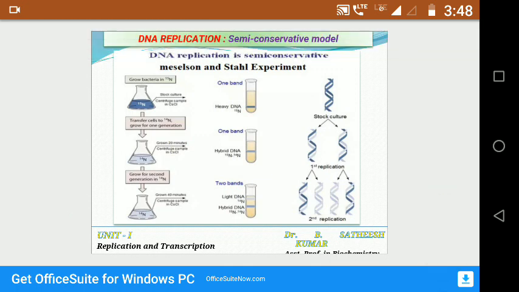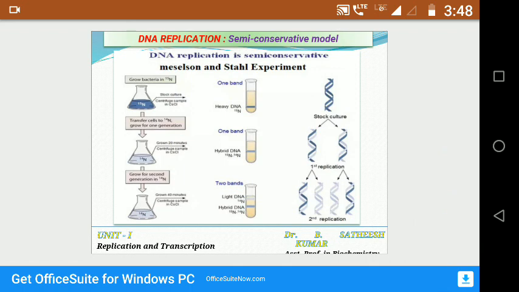Before that, there is one experiment that explains the concept of DNA replication. This concept is called the semi-conservative model of DNA replication. The semi-conservative model of replication means the two strands of DNA will be separated during the replication process.